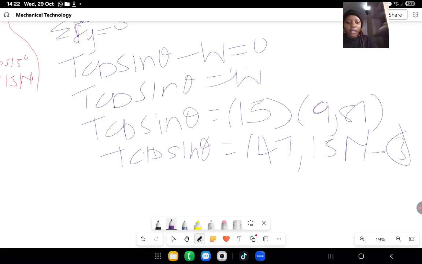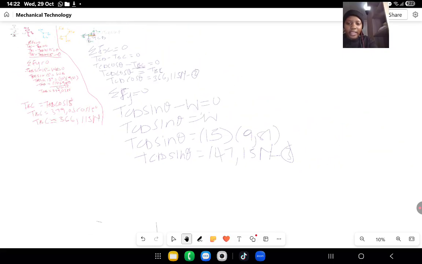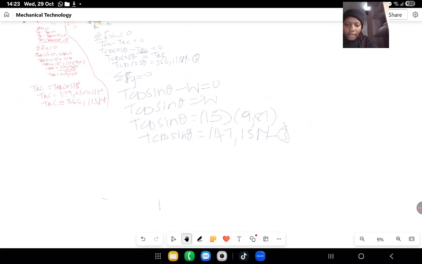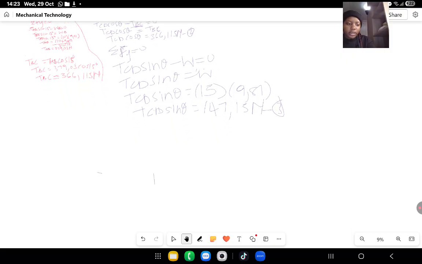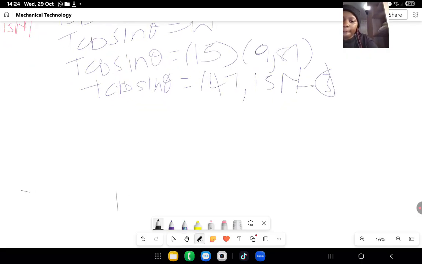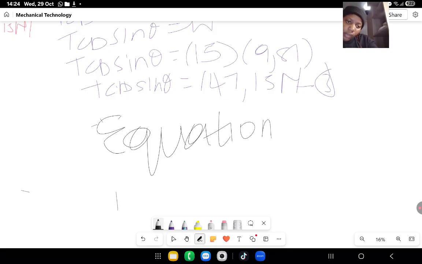So now we will divide equation 3 by equation 2, since we have the same T. Let me write with the black one.